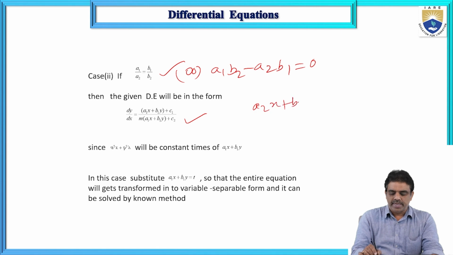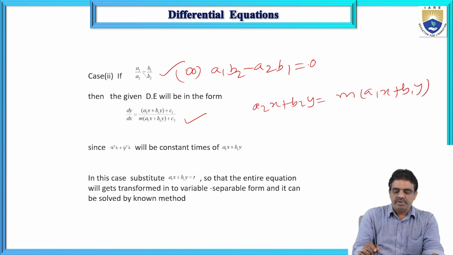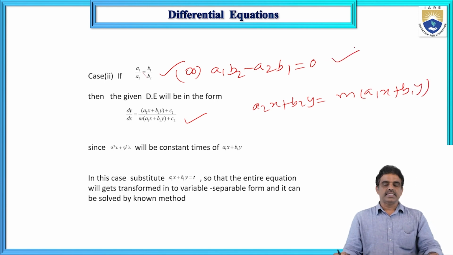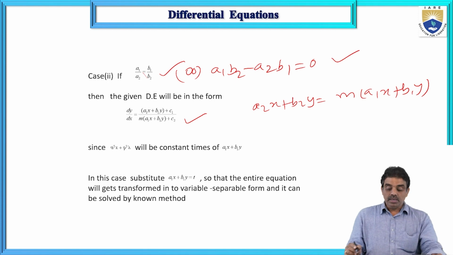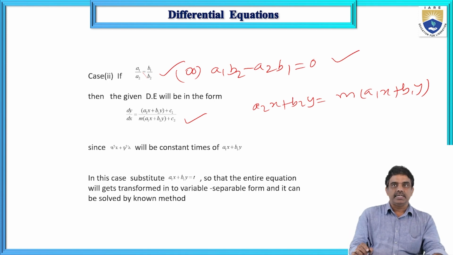In this case, a2x plus b2y can be represented as m into a1x plus b1y.